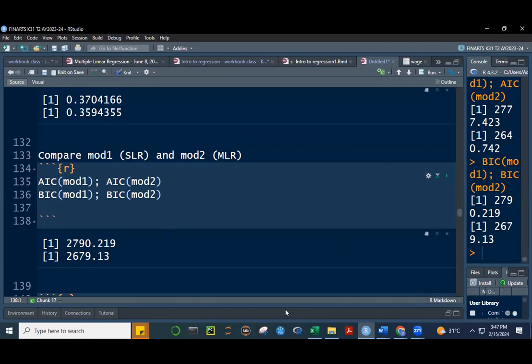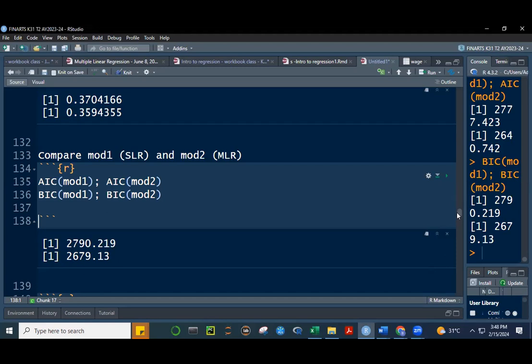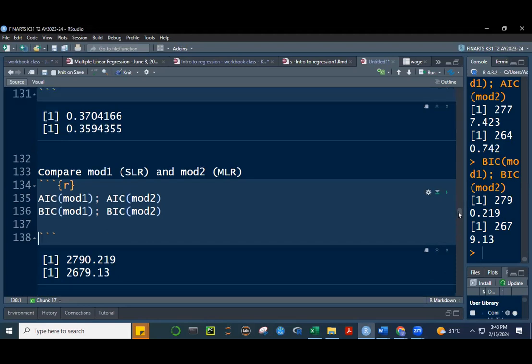AIC, model 2 is better. Okay, could you kindly comment, please? It's clear so far? Okay, thank you. Okay. Okay, no questions? No questions?